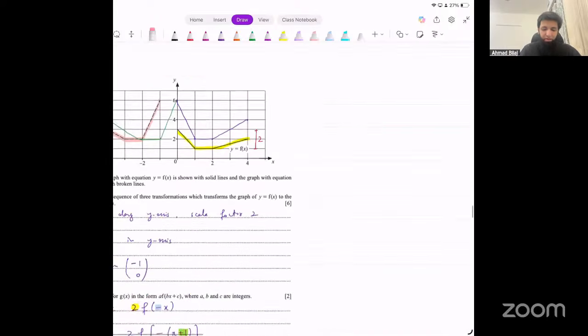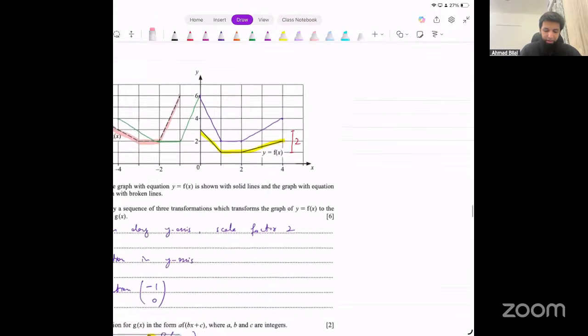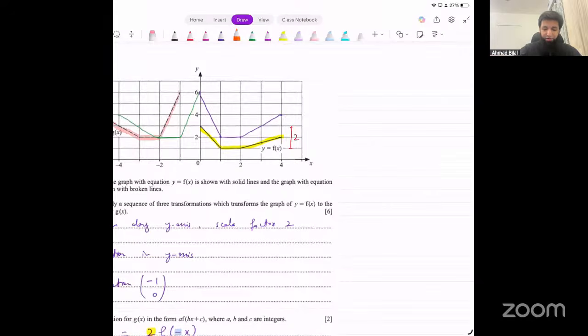But let's look at another example. When we figure out the stretch initially, it becomes a stretch along the y-axis by scale factor 2, and then a reflection in the y-axis, which is horizontal, and then a horizontal translation. The way I have done it is reflection first and then translation after that.